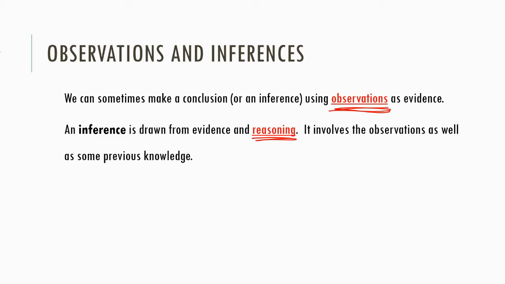So it involves the observations as well as some previous knowledge. You could say the sky is blue, and because the sky is blue, the sun can activate photosynthesis in the grass, which is why it's green. That's an important difference. You need to be able to connect your ideas with evidence and some kind of thought process.